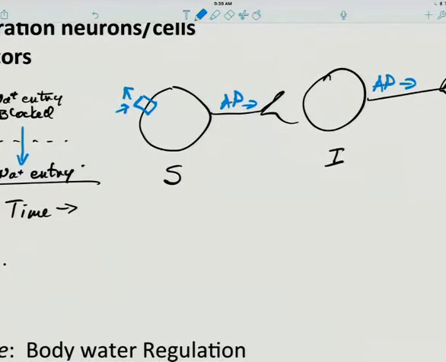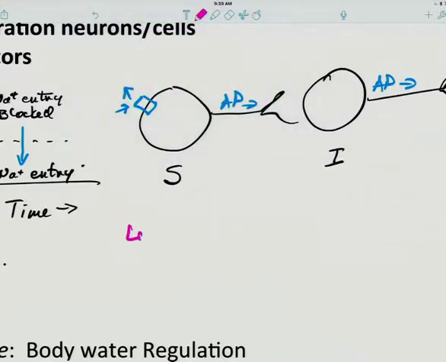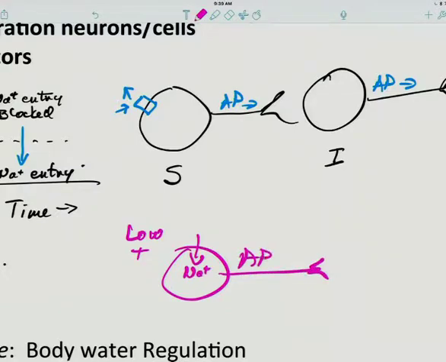So for example, at low temperatures, we might do something like close potassium channels. We might do something like open sodium channels. So if at low temperatures we get action potentials, right?